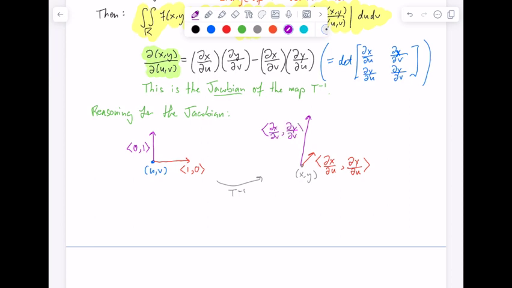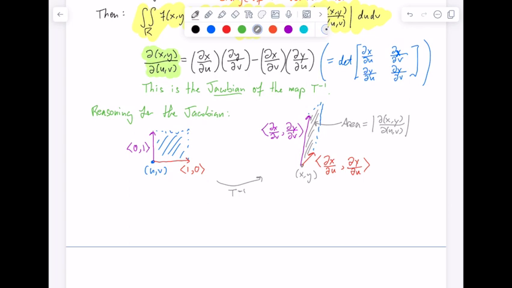And if we look at the square that is defined by the left-hand side vectors, this gives a square of area 1. And on the right-hand side, well, these two vectors also define a parallelogram, and it turns out the area of this parallelogram is given to you exactly by the absolute value of the Jacobian.